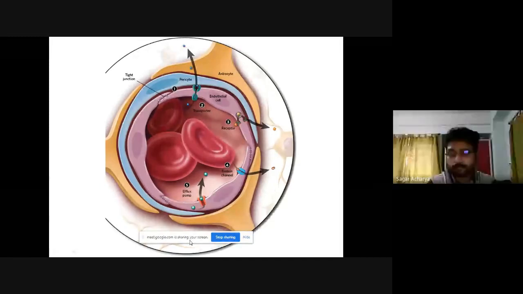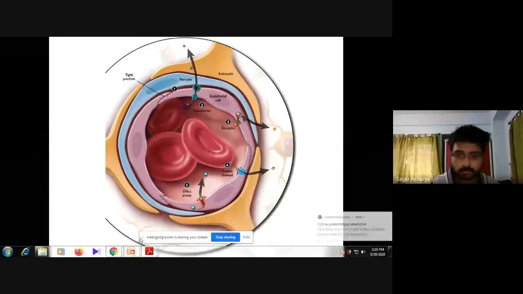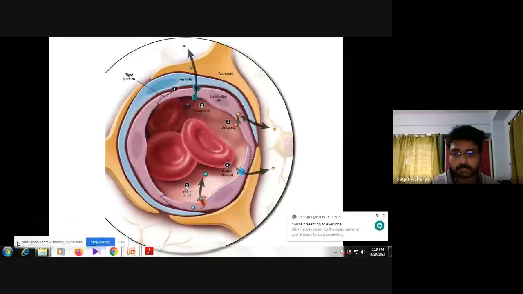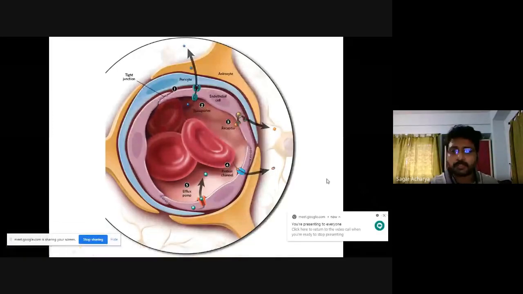So this is a cartoon structure of an endothelial cell lining within the blood-brain barrier. This is the luminal surface of your capillary lined by endothelial cells.